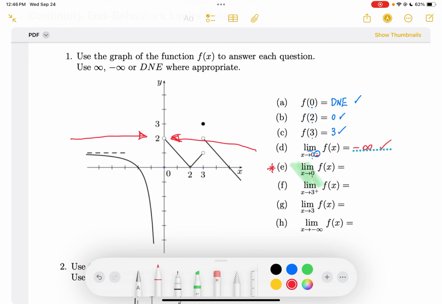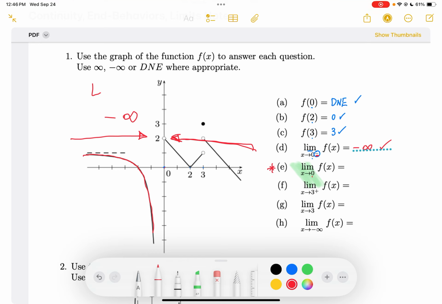So let's see. From the left side, as you can see, my graph's y value is getting more and more negative infinity. That is from the left side. But how about my limit coming from the right side?